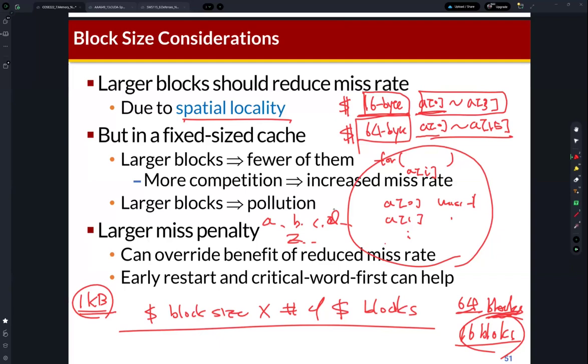So in this case, the miss rate can be increased.